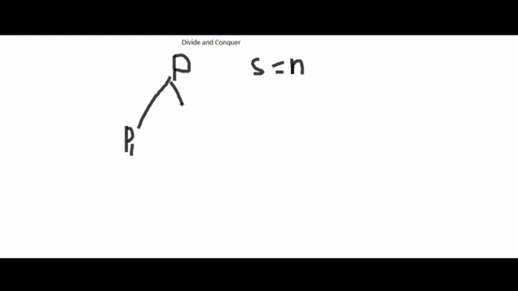This will become P2, and so on, it will go till Pk. It depends on the size of the problem how many sub problems we can divide it into. So this was the first step to solve the problem using the divide and conquer approach.